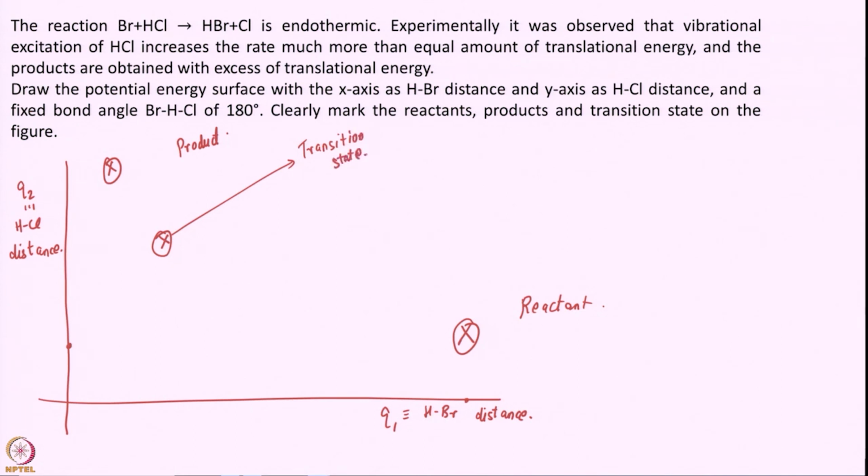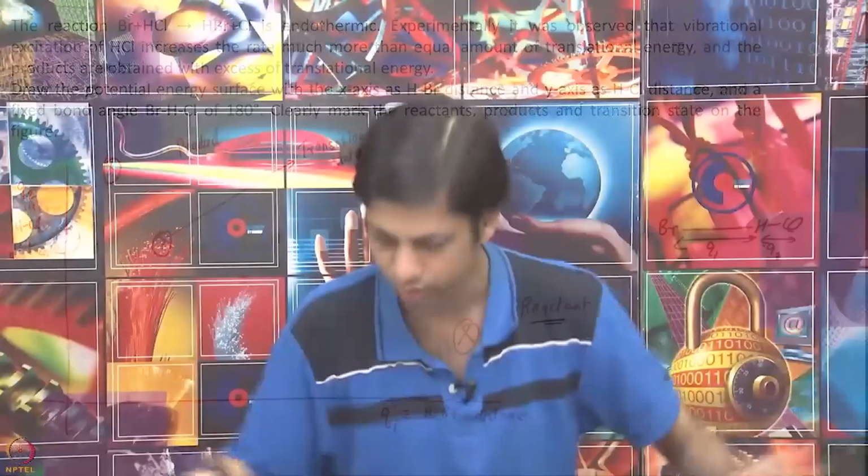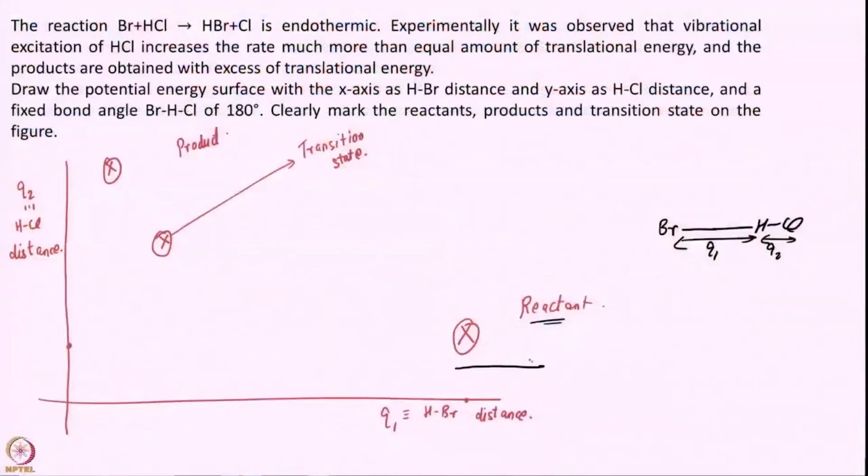I will just change the color of my pen now, otherwise things become confusing. Okay. Now let us draw energy surfaces first close to the reactant. Here if I increase Q1, what will happen? Let me just draw this once more. This is Q1, this is Q2. Br is anyway dissociated far away from the molecule, so if I increase Q1 any further, I will just get flat potential energy surfaces.